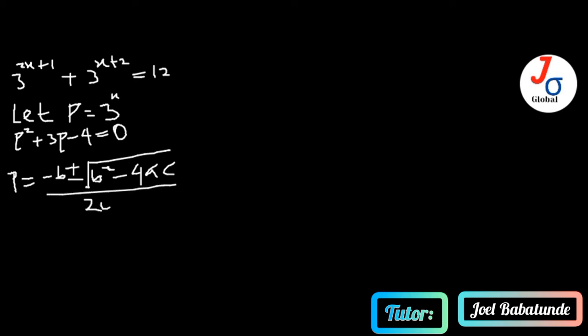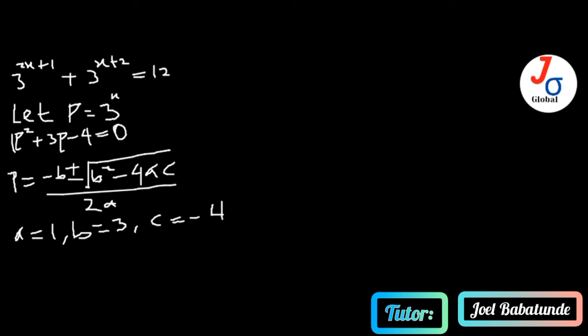Now in this case, a is equals to 1 because we have 1 here in the coefficient of p squared, plus b is equal to 3, that's coefficient of p, and then c equals to minus 4.